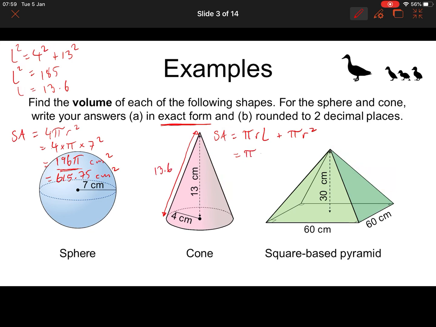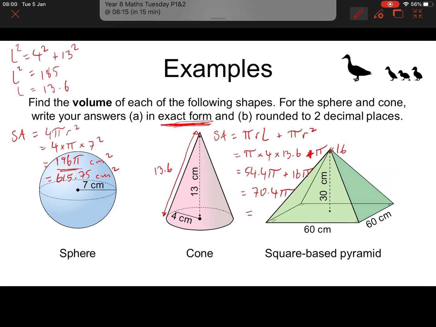Okay, so it becomes pi times 4 times 13.6, plus pi times 16, and we'll just put that in a calculator. So 4 times 13.6 equals 54.4 pi, plus 16 pi, which is going to be 70.4 pi, so that's in exact form.